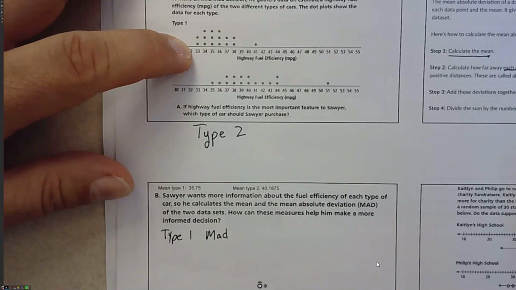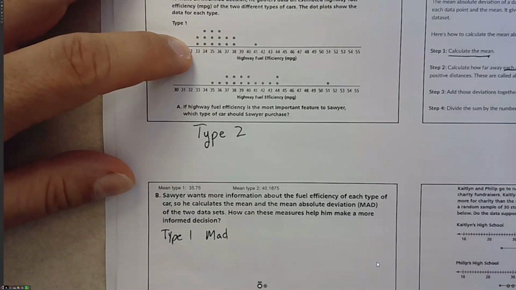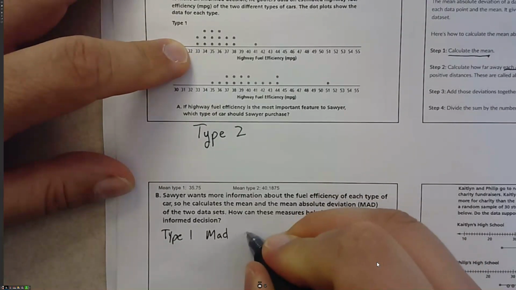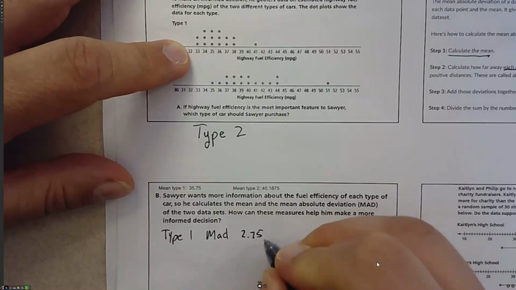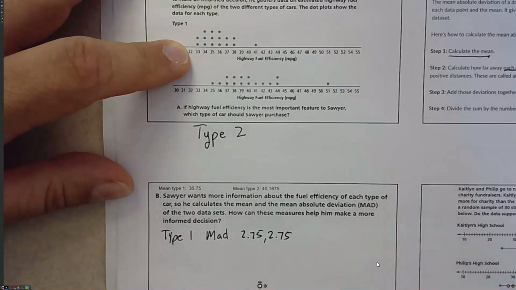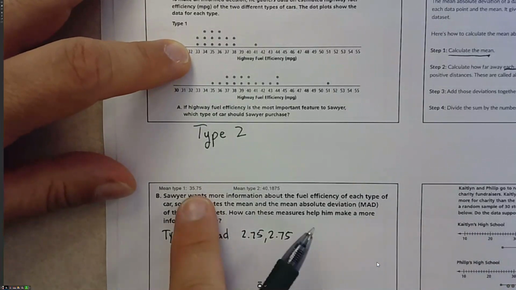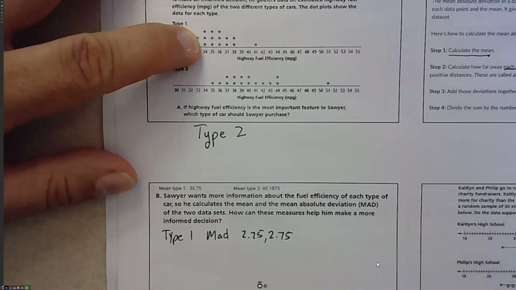So 35.75 away from 33. How far away is 35.75 from 33? 2.75. There are two of those, so we write 2.75, 2.75. How far away is the average from 34? 1.75.